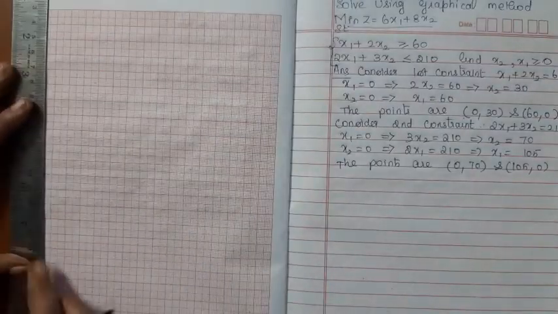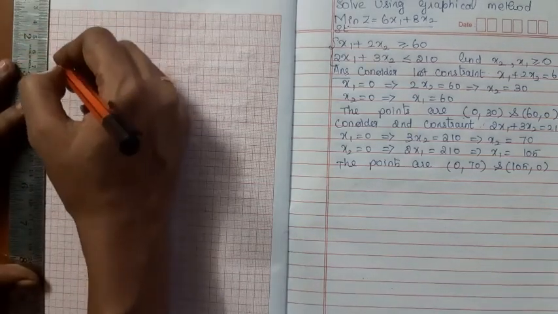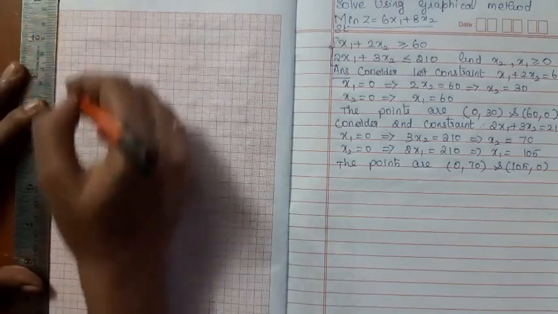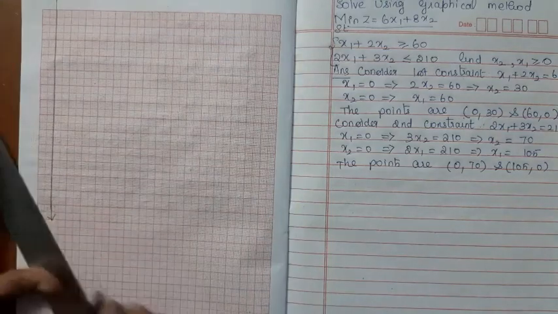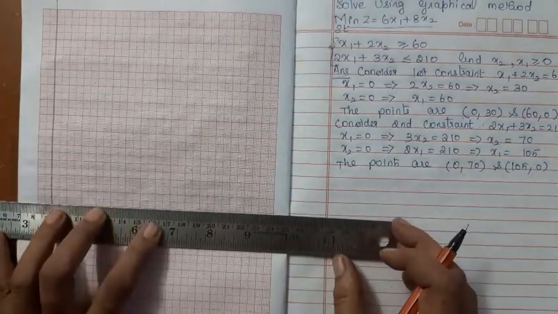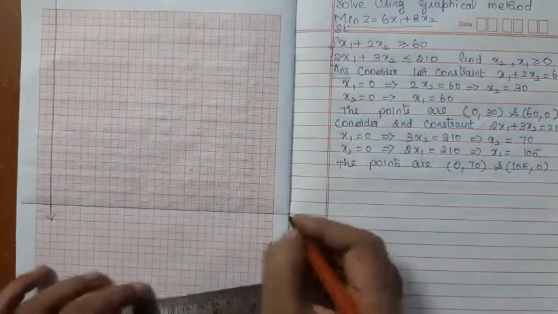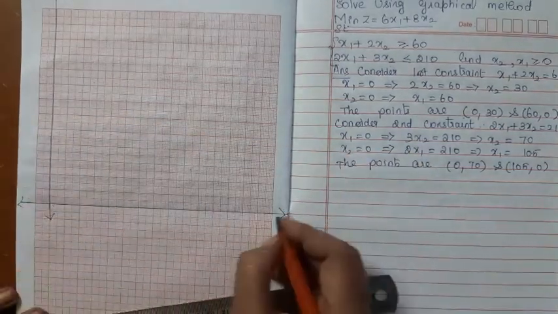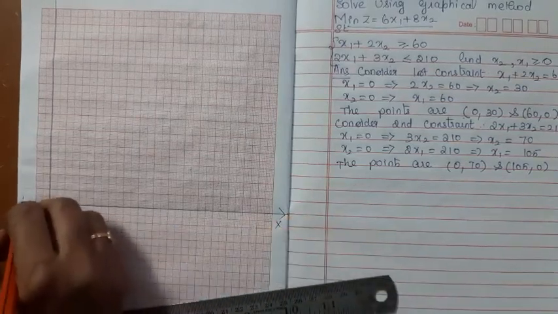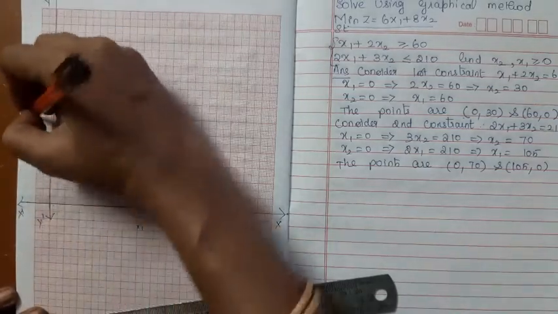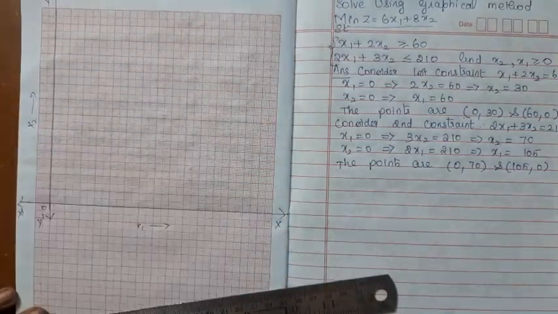Now let us draw a graph for this. x1 values are represented here, x2 values are represented here.